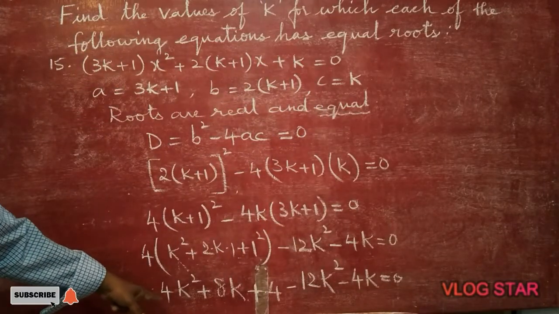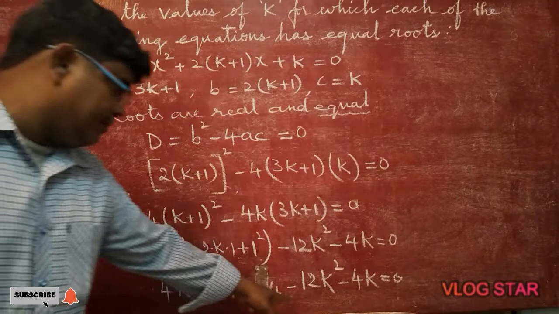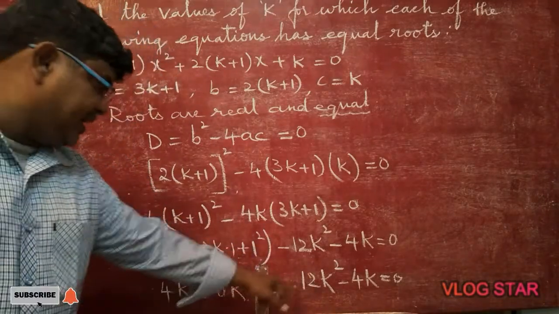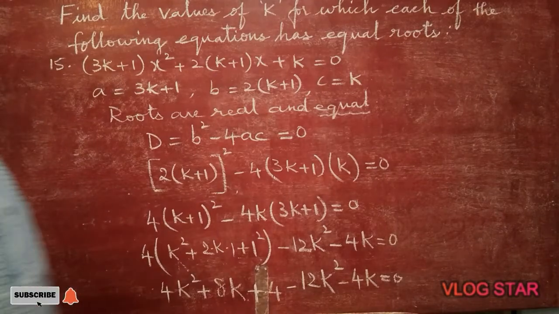Now 4k square minus 12k square, both are like terms. If you simplify it, minus 8k square will come.